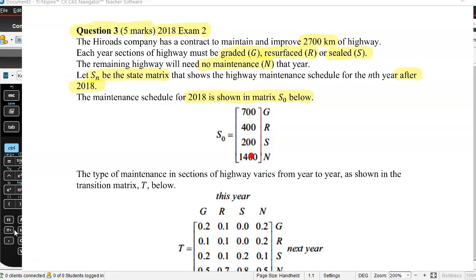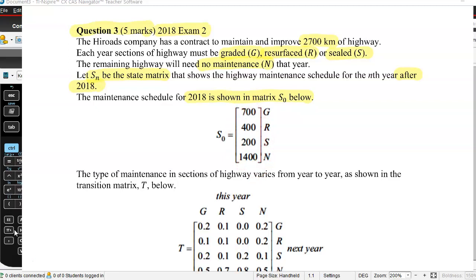That's all adds up to our 2,700 kilometres of highway. So that's always going to add up to 2,700 kilometres because it's a closed system. We're not getting new bits of road to maintain.